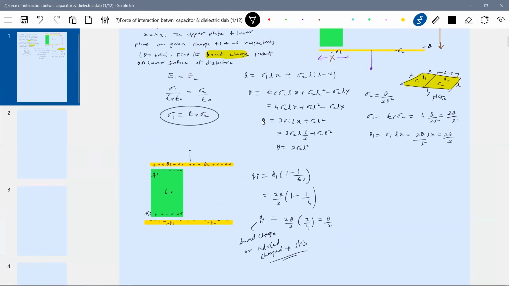Sir, what is that lower surface? On the lower surface means the charge will reside here. If the slab is there, slightly below the surface will be the induced charge, because the dipoles will align in this way, no?